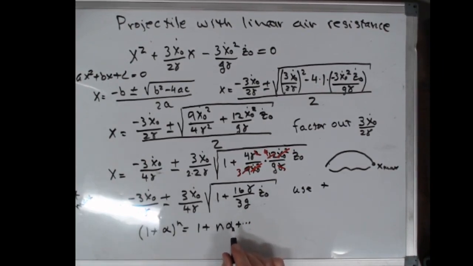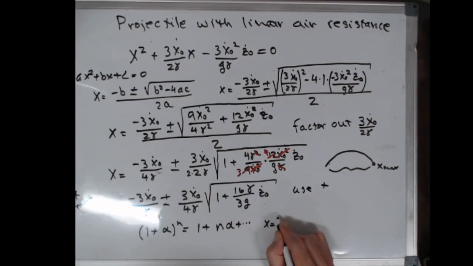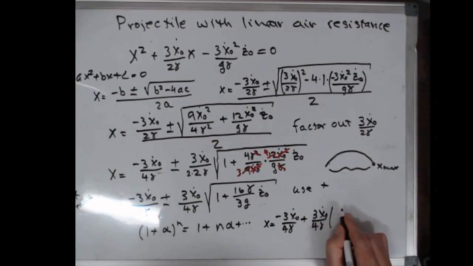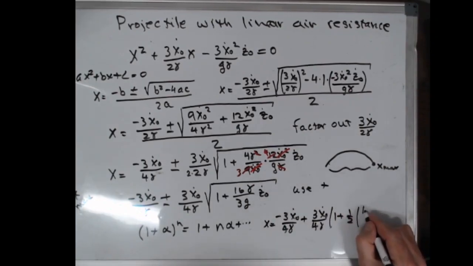And so this expression here becomes x equals minus 3 x naught dot over 4 gamma plus 3 x naught dot over 4 gamma times 1 plus 1/2 times 16 gamma over 3g z naught dot.